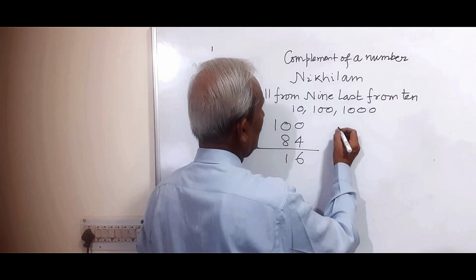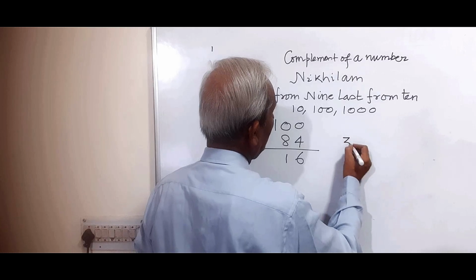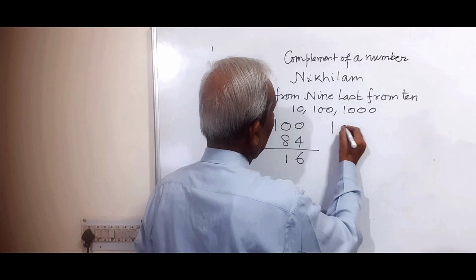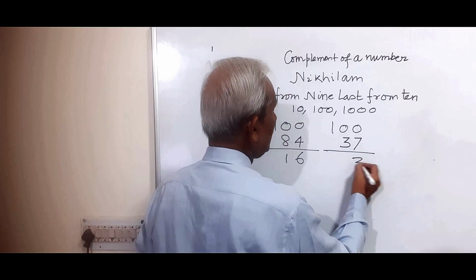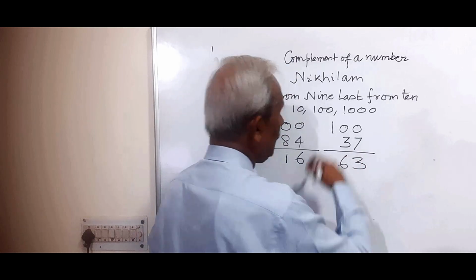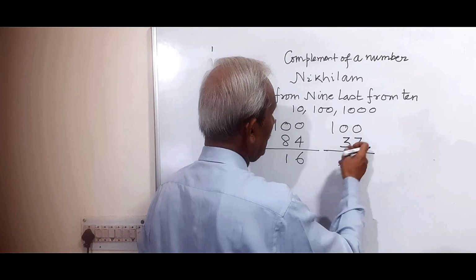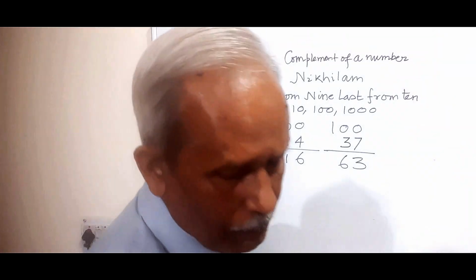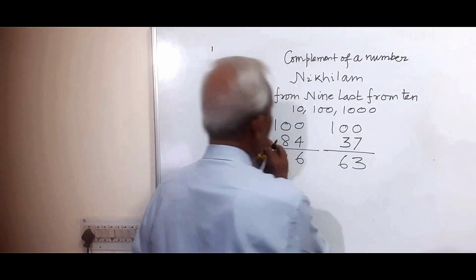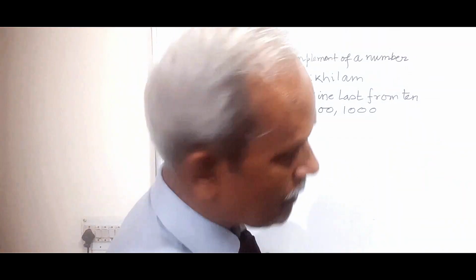Similarly, if you want to find out the complement of say 37, how do you do it? 100 minus 37 is how much? 10 minus 7 is 3, 9 minus 3 is 6. No subtraction method with carry like that. You can simply write down the answer, the difference of any number from its nearest base by this method.